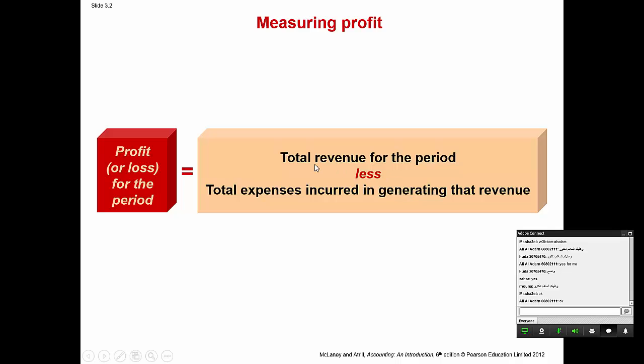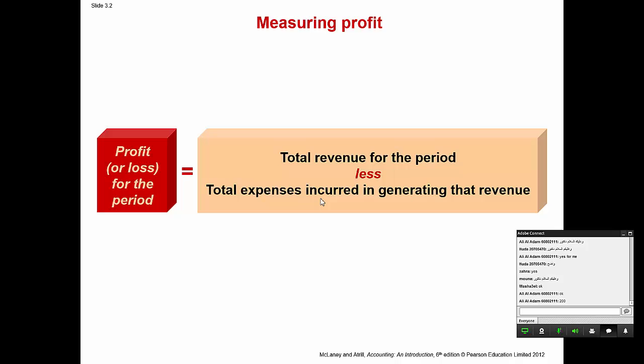As an example, if we have 1,000 Saudi riyals as revenue at the end of the year, and we have 800 riyals as expenses, how much will be the profit?